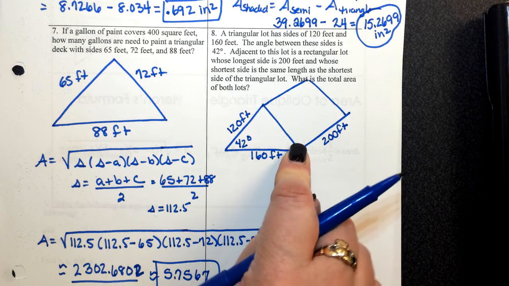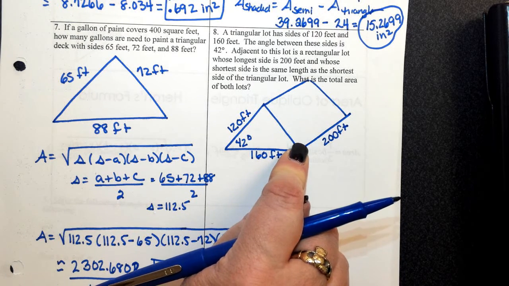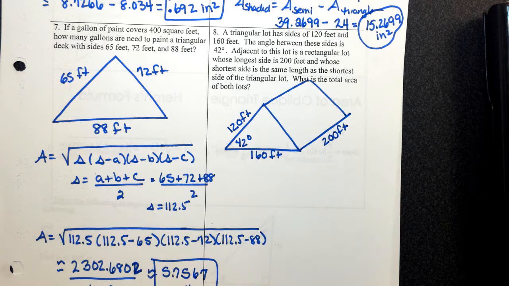So in other words, I may have to change around where this side is. Because what do I need to know in order to calculate the area of a rectangle? Area of a rectangle is what? Base times height. So I know the base. I'm going to have to calculate this side of the rectangle in order to figure out the area of the rectangle. Everybody agree with that?